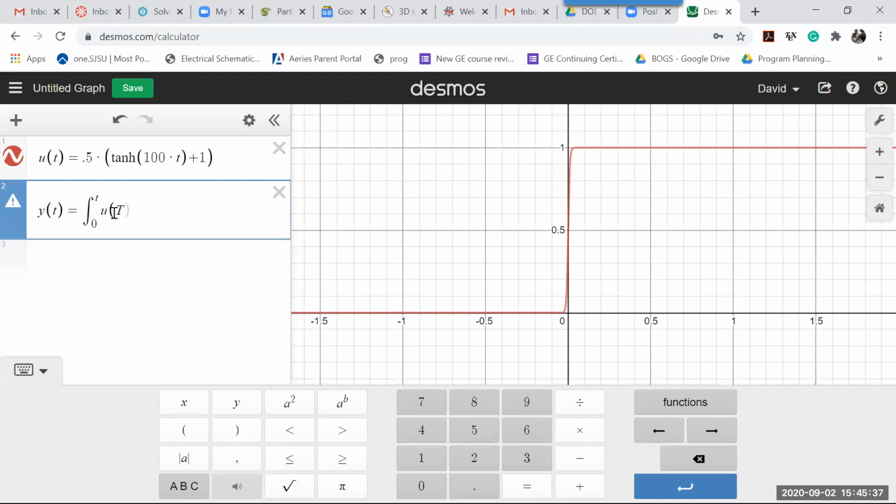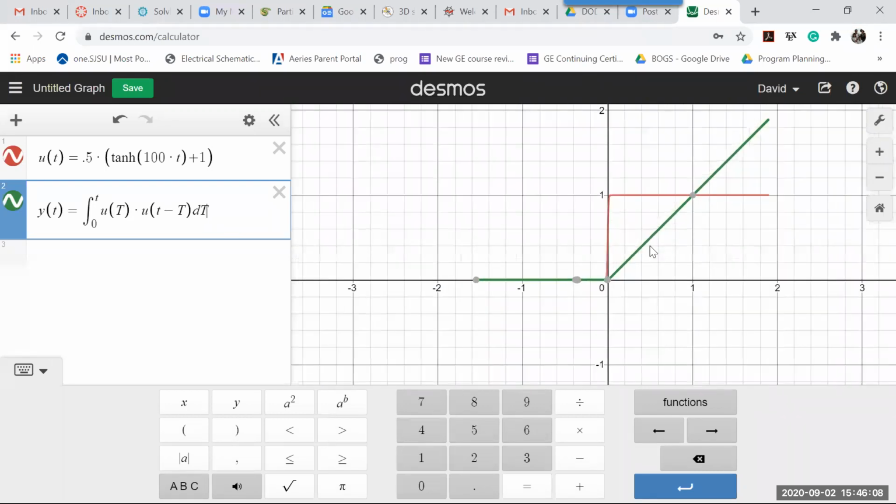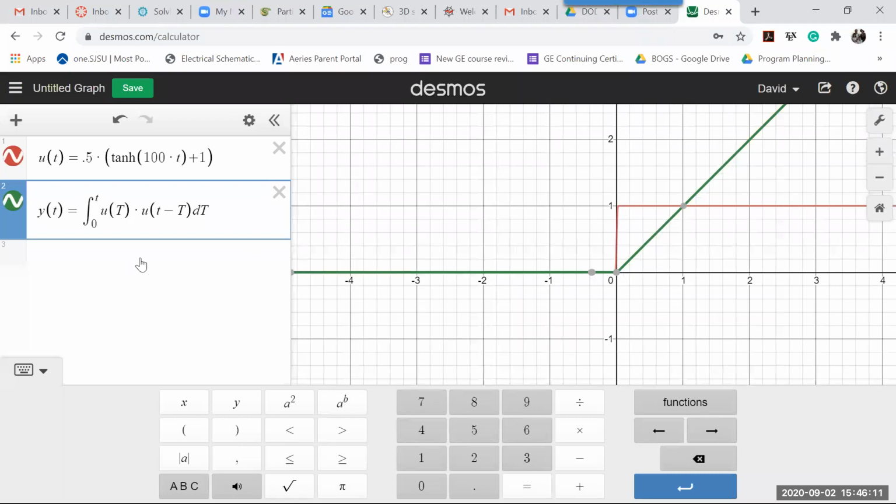Desmos has a weird thing: tau is a pre-assigned variable, so it doesn't like it when you use tau. Okay. And there's the convolution integral, done in linear format.